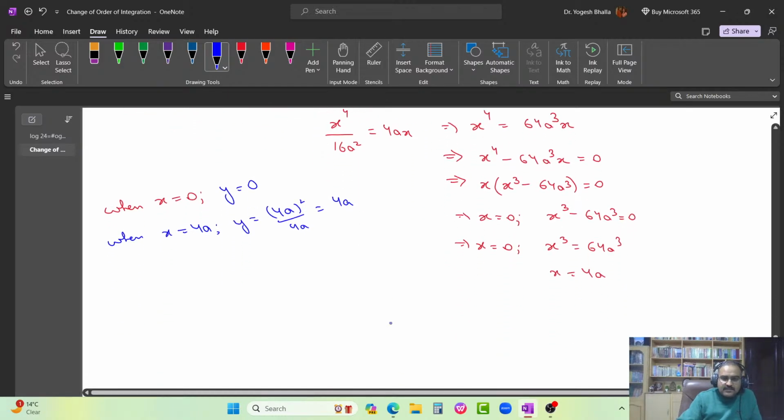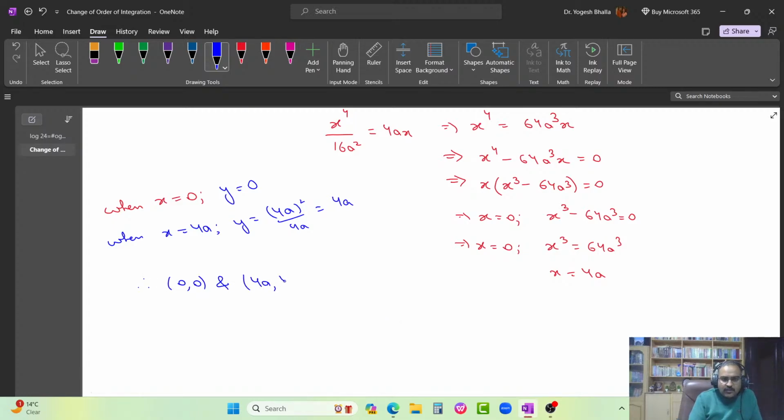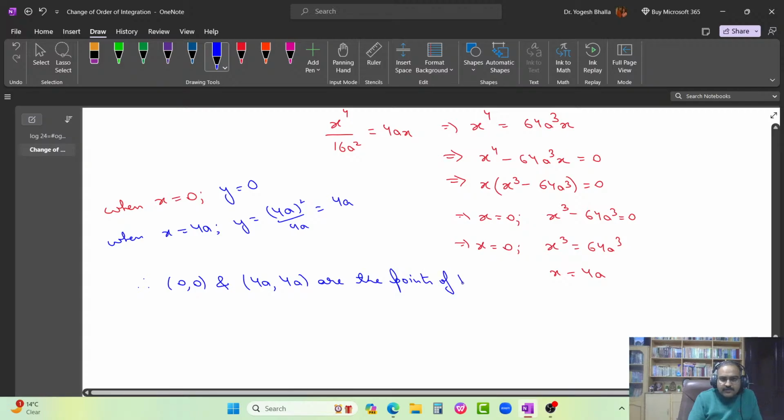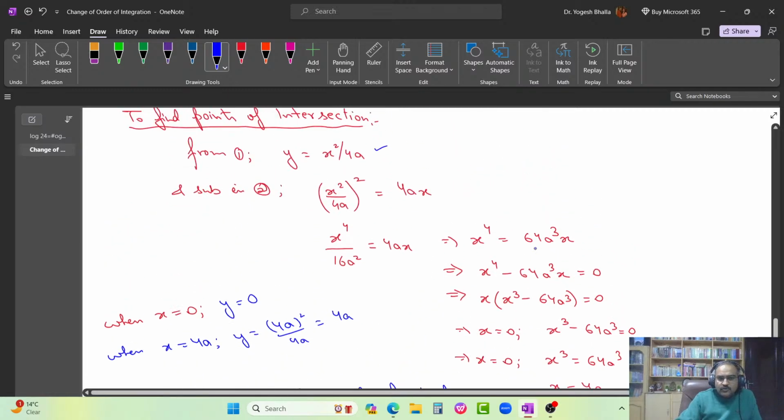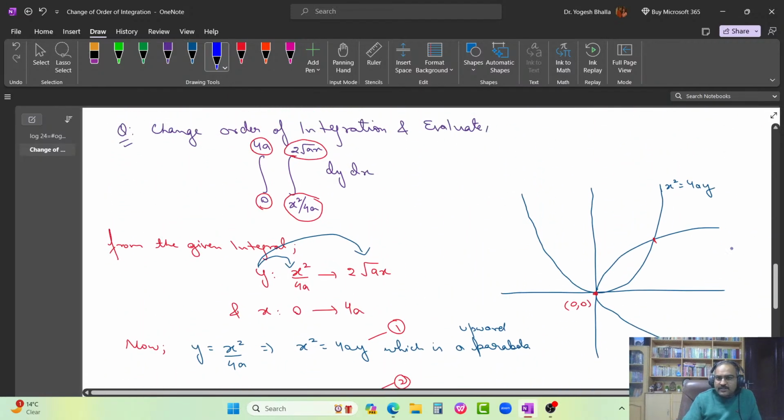Therefore we can say 0, 0 and 4a, 4a are the points of intersection. So this point is x is 4a and y is 4a.